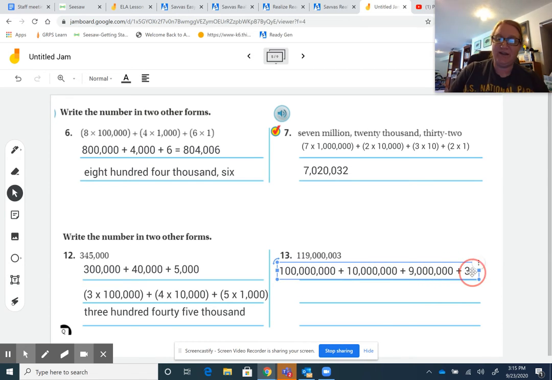So now what I can do is expand that even further. Let me click back in.